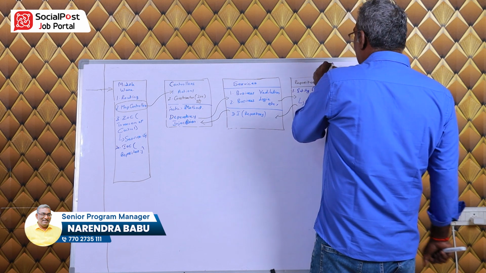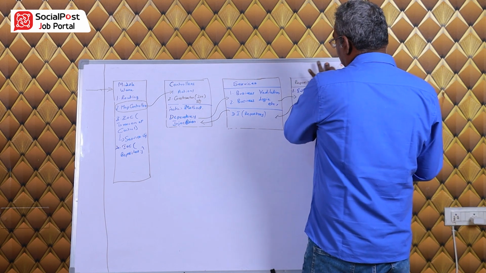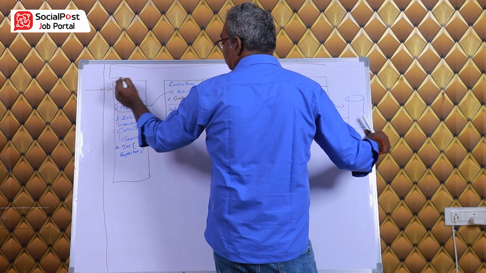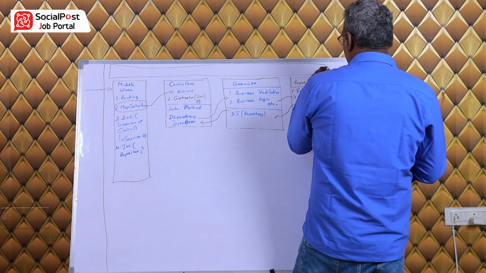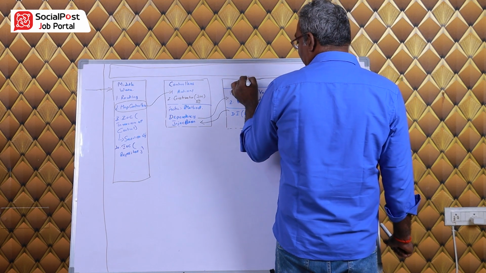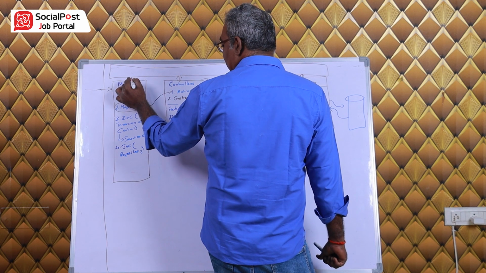Here you can have a model layer. All these model layers are connected. Whatever way you make a request, this model layer will be connected.